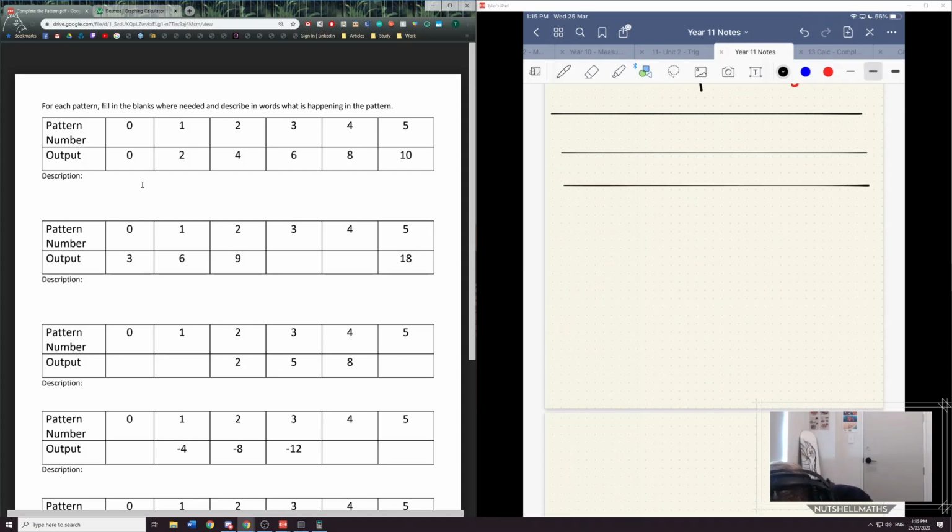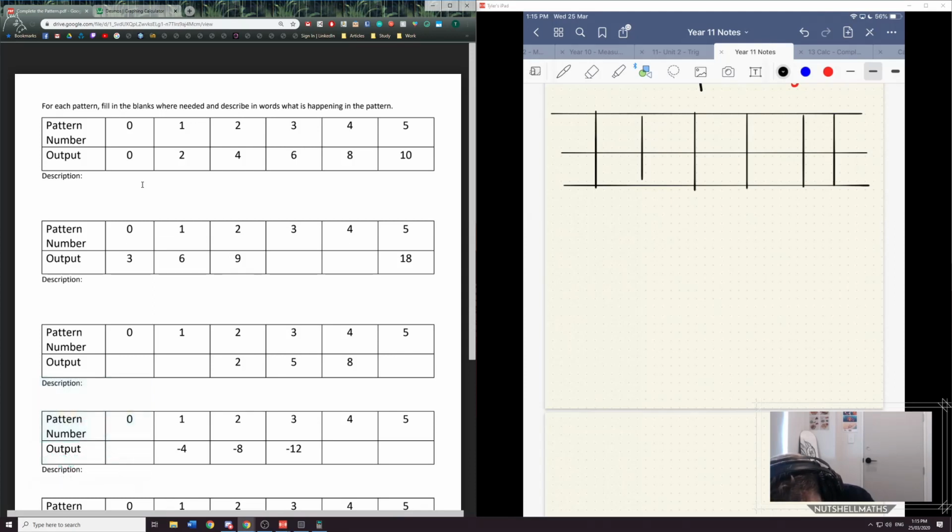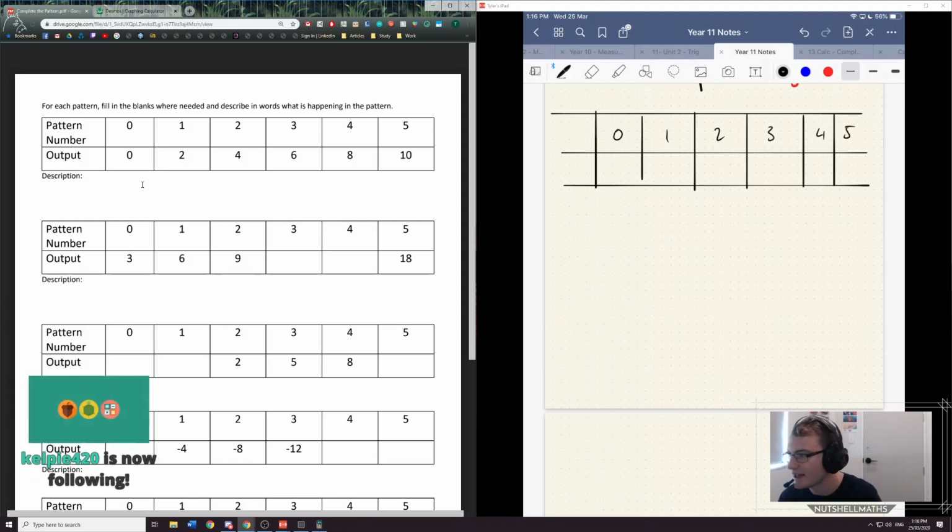Right, it's not pretty, but it'll do. So in this we've got 0, 1, 2, 3, 4, 5, and that's the pattern number. So we start at 0, 1, 2, 3, 4, 5, and we go through.